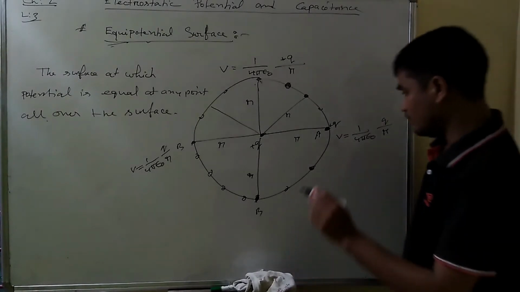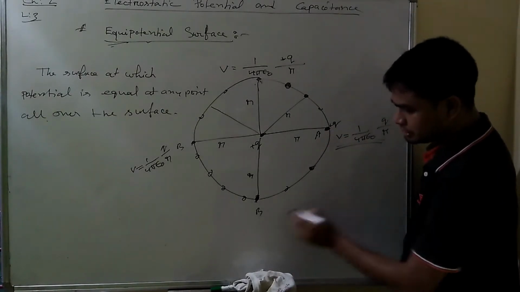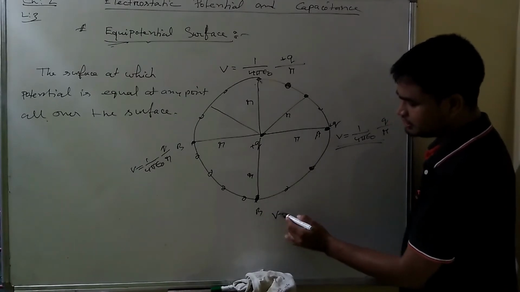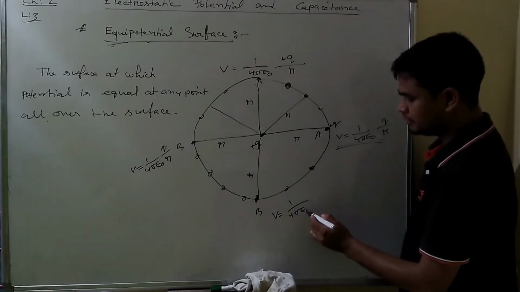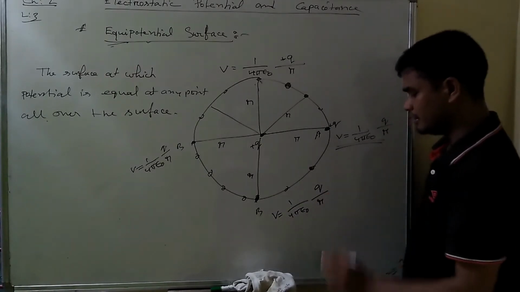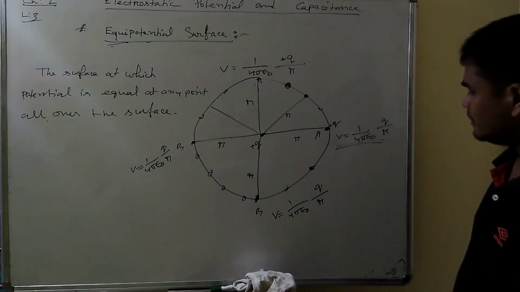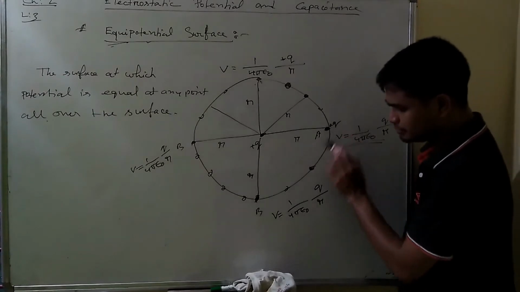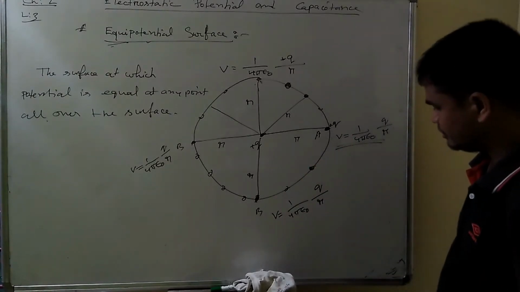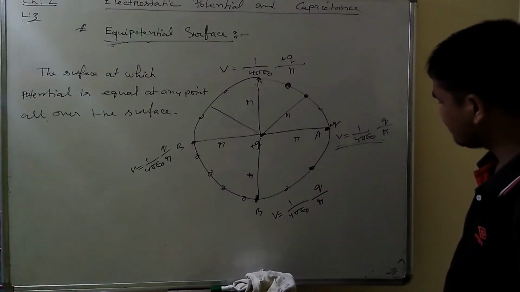Here the potential is 1 by 4 pi epsilon naught q by r, and here also the potential is the same. Now we have to bring this charge from this point to this point.